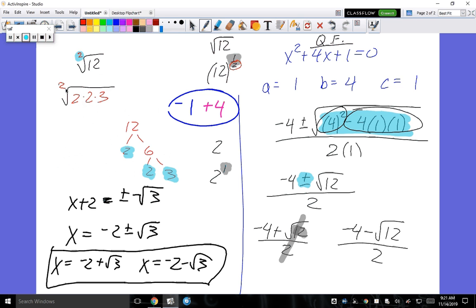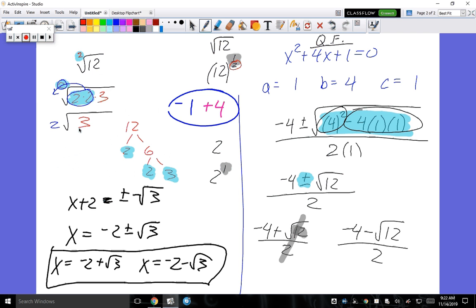And this 2 means that you're going to bring it out in parties of 2. So these couple of 2's are going to come out as just one 2, and the 3 is left in there.